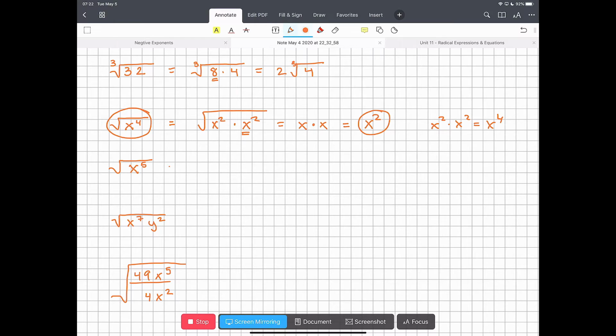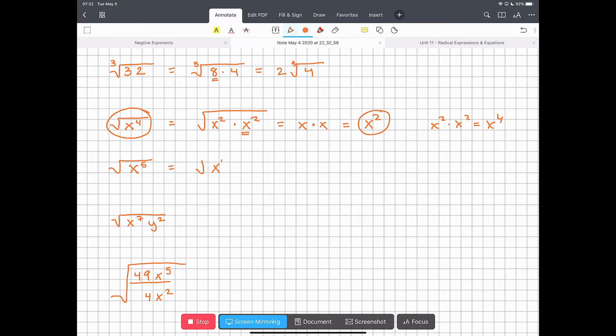If it's an odd numbered exponent, we can take the same approach. We're going to use our rules for multiplication of exponents with the same base. And we're looking for a perfect square that is a factor of x to the 5th. In this case, it's x to the 4th.